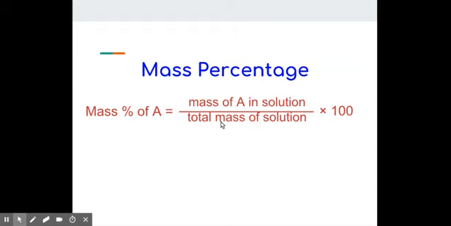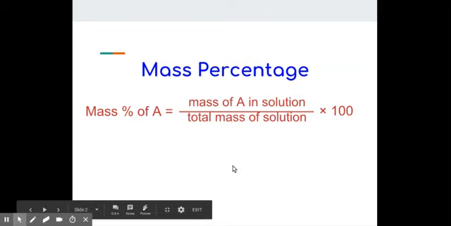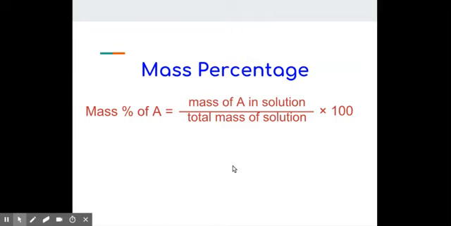Because this is percentage, right after dividing you need to multiply it by 100. And because you're dividing mass by mass, you don't have any unit except in the final value, where you just put the percent symbol and then the component you're looking for.